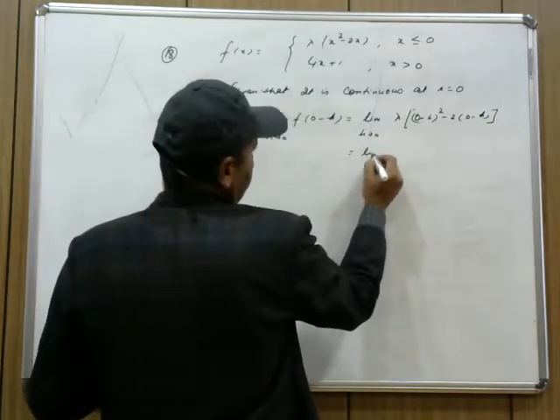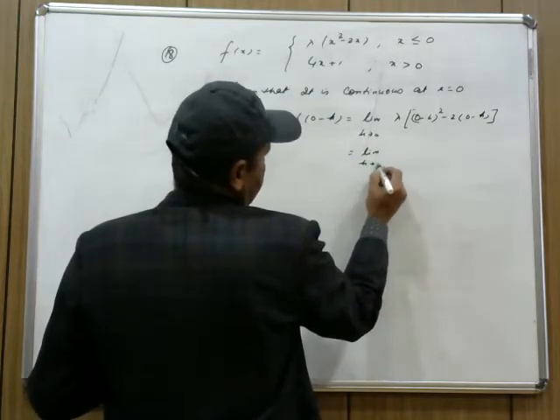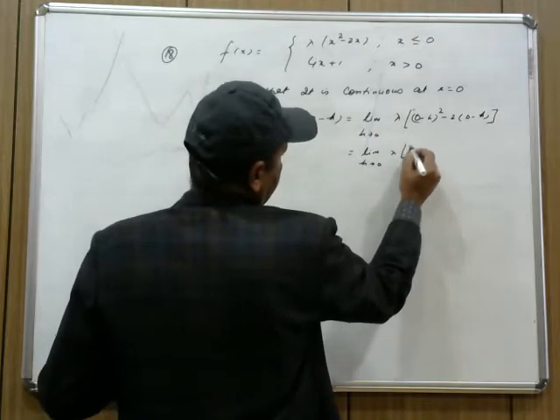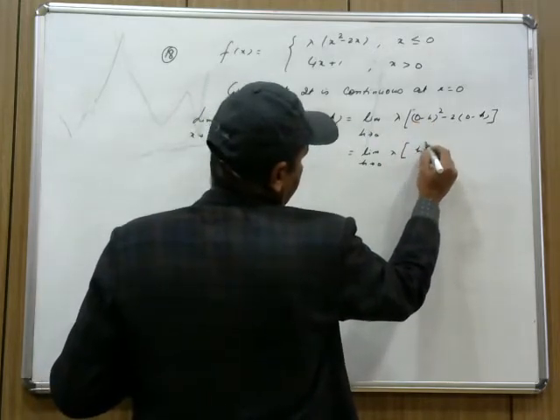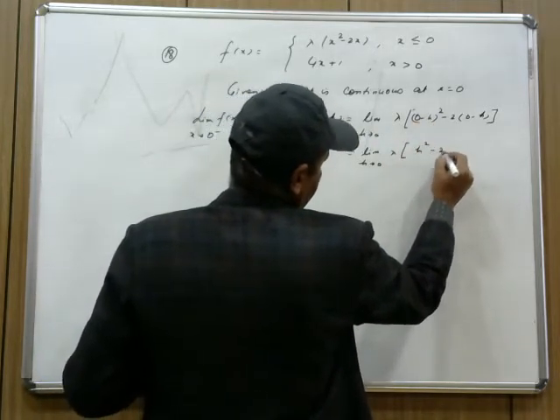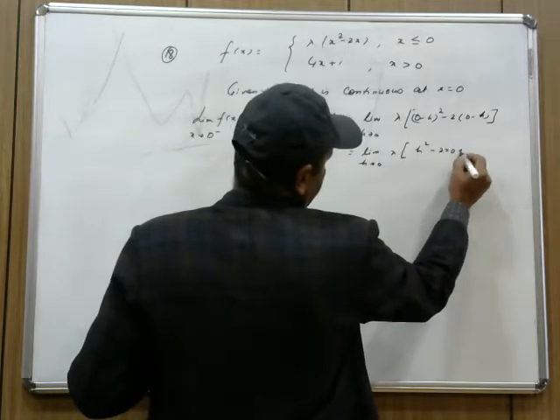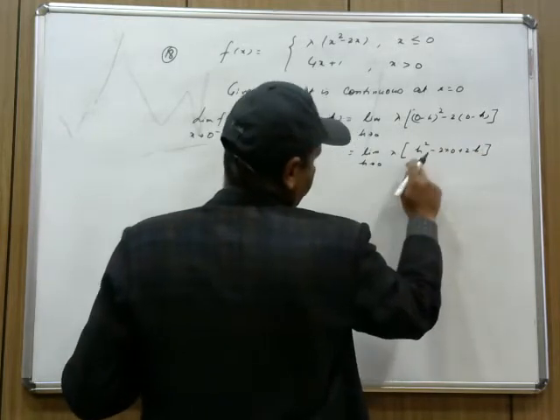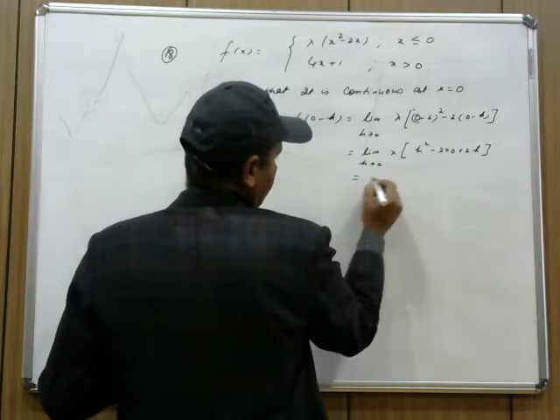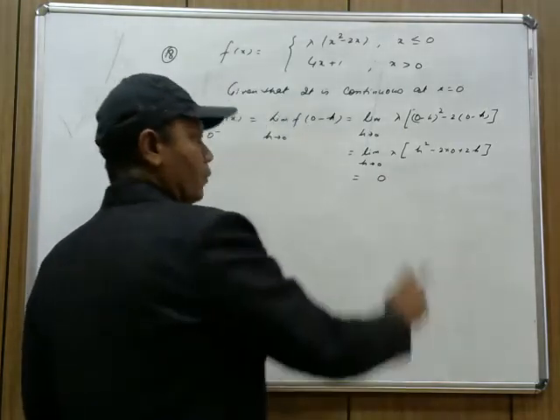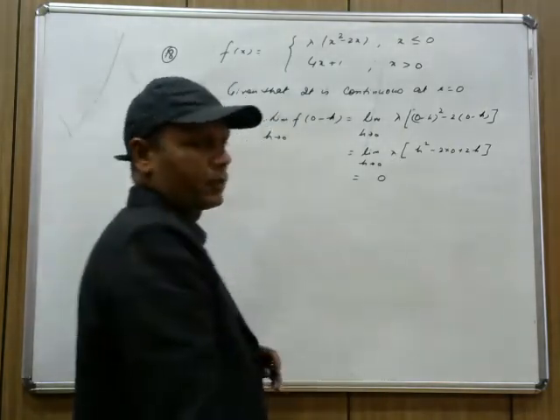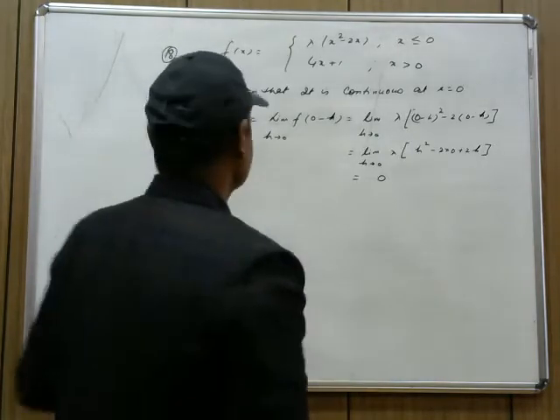This will give you limit h tends to 0 of lambda h square minus 2 into 0 plus 2h, and if I put here h equal to 0, the whole function becomes 0. Whatever the value of lambda we have, no problem, but the answer is coming here 0.